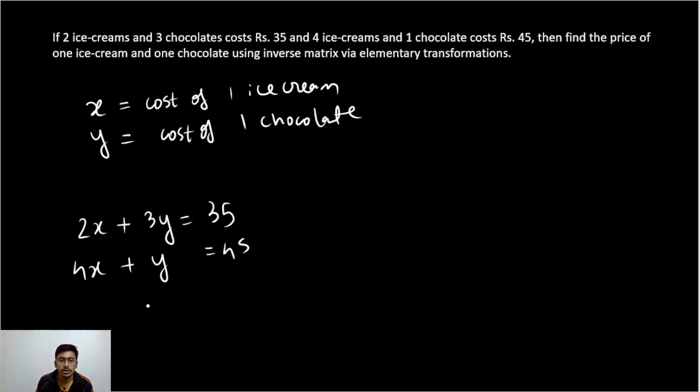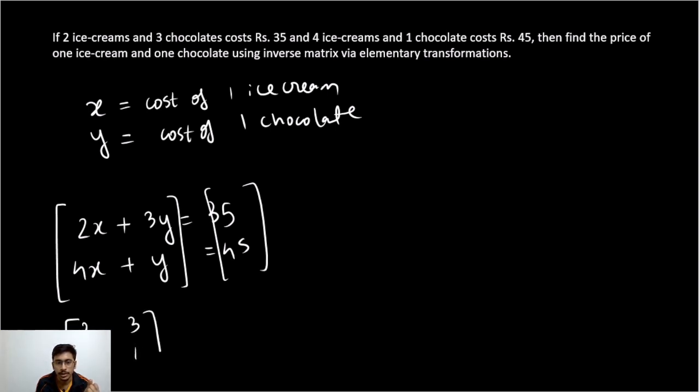Without doing simultaneous equations, let us try to understand it in matrix form. How can we do it in matrix form? Why don't we simply put brackets here? We have understood that there are 2 rows, and here we simply have 1 column. Why not write it like this: 2 3 4 1.